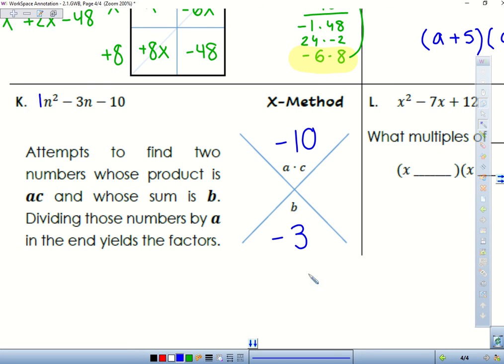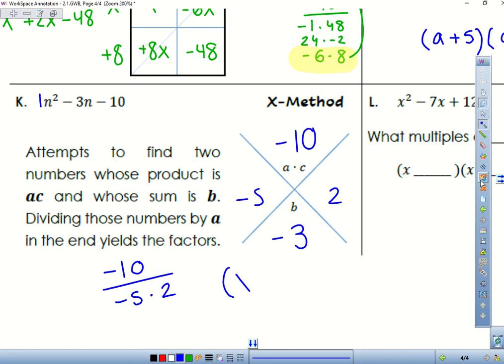What are factors of negative 10 that add up to negative 3? Two numbers that multiply to give you negative 10, but add up to negative 3. Negative 5 and positive 2. Good job. That's what you write here on these two sides. And then your answer is just, in this case, n, not x. N minus 5 and n plus 2. And that's it.